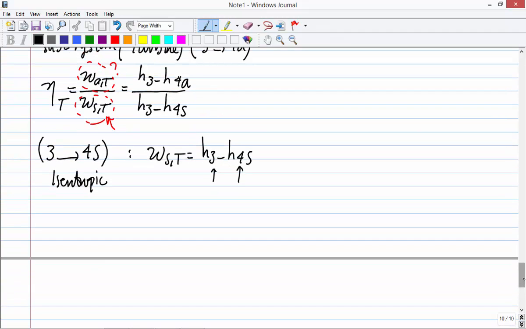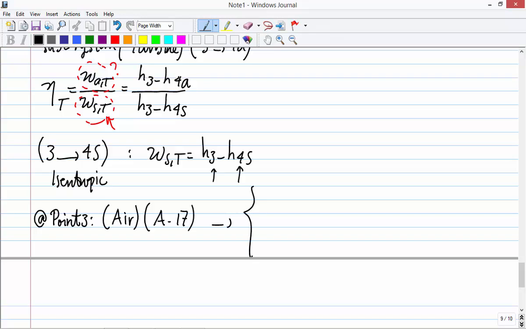I know that at point 3 I have the temperature, and I'm talking about air, an ideal gas, so I can use table A17. At point 3 I can get that H3 is 932.93.